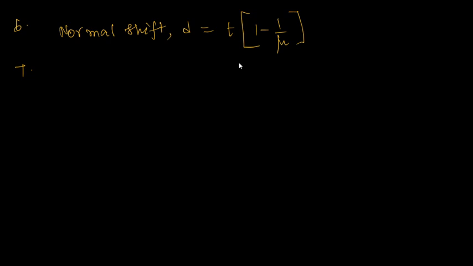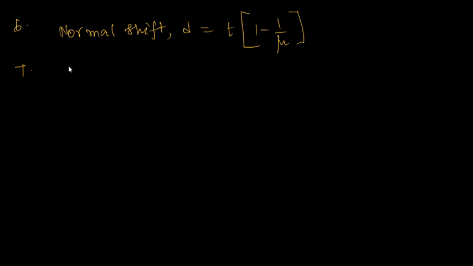Then mu can also be expressed in terms of the internal reflection, where we have discussed the critical angle. So this formula is going to be useful for you in the application of the critical angle, and in this case this is very useful to find out the internal reflection of a given optical fiber.